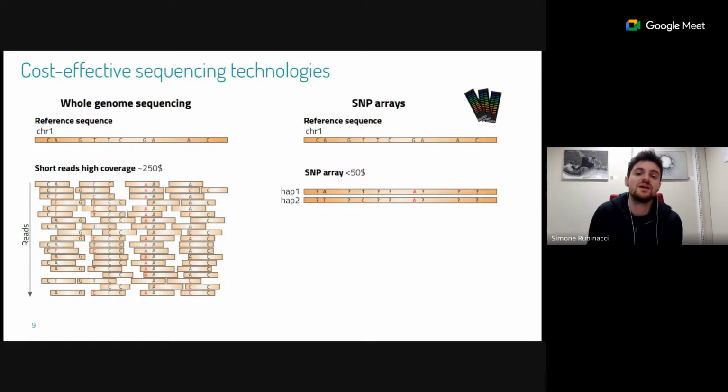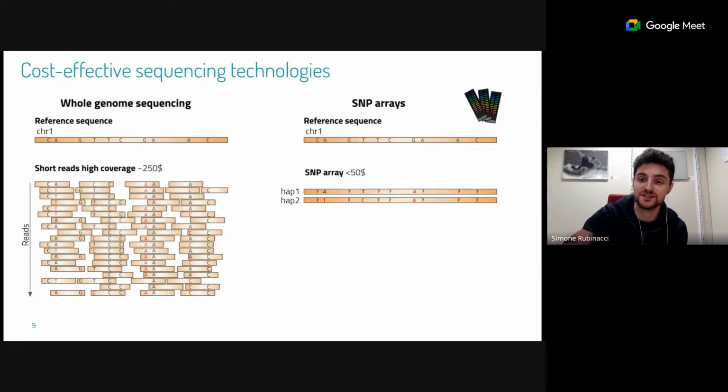In contrast, SNP arrays are an alternative technology that has been widely used in major biobanks, especially in the last decade, and focus on genotyping specific genetic variants across the genome, around 1 million common variants. And these are both cost-effective technologies for GWAS analysis.